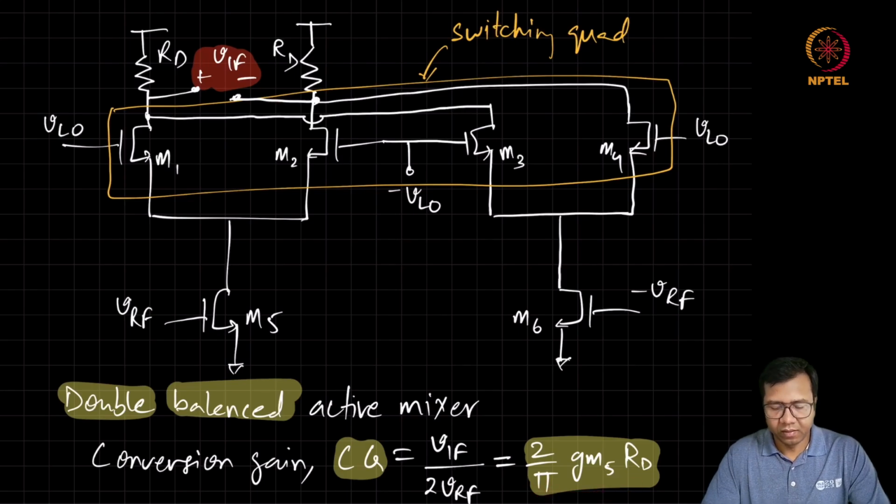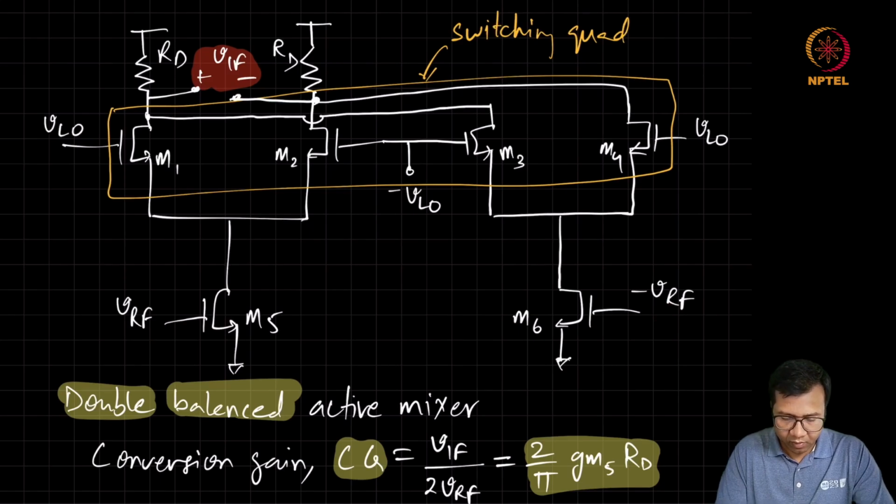The advantage here is we can apply a differential RF signal. And also, you will see that if you look at each of these IF ports, each of these IF ports is asymmetrical with respect to the LO, because both are having one connection from the VLO as well as minus VLO through the MOSFET.